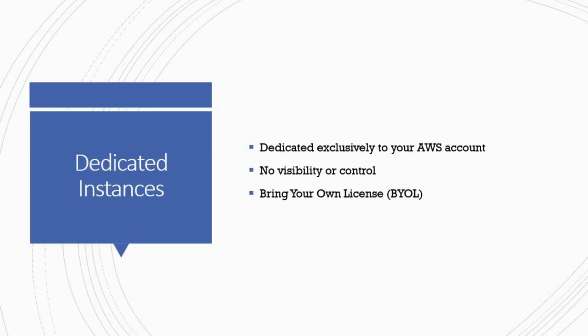There is no visibility or control over placement or physical characteristics of the host, for example socket and cores. Also, an instance may be moved to different physical hosts during restarts or stops. It offers limited support for licensing, that is, bring your own license.